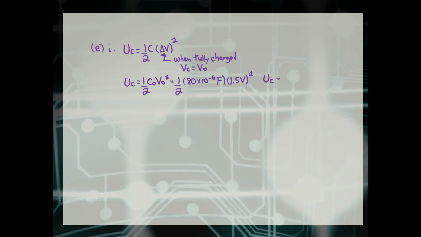And then we get UC equal to 9.0 times 10 to the negative 6 joules. Okay, let's box that. And then we finally just got one part left here to do.